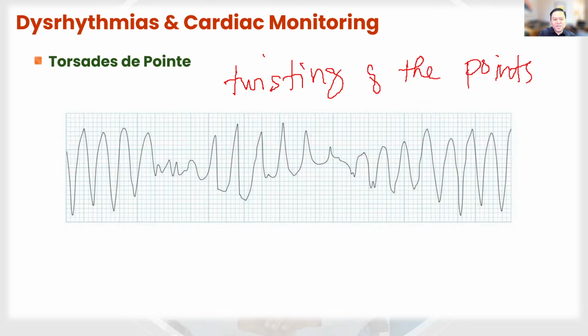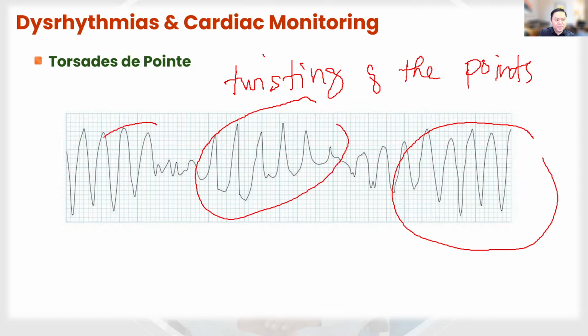So what you're going to see here is actually a spiraling appearance. There is kind of a twisting appearance of the QRS. So look at that. Here's another one. And here's another one. Twisting of the points. So the QRS has that twisting, spiraling kind of appearance.